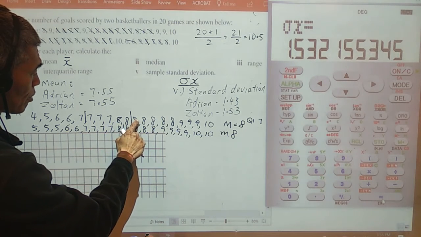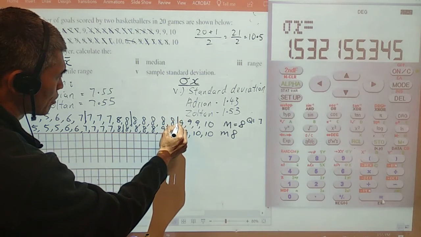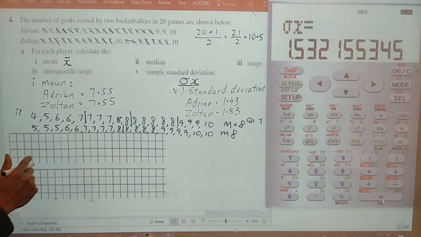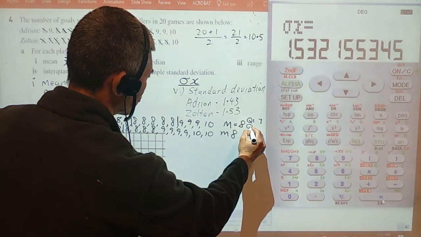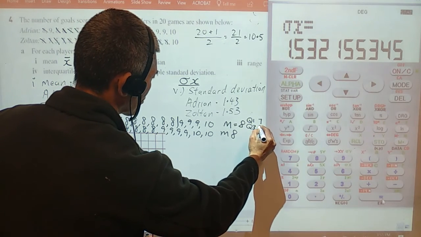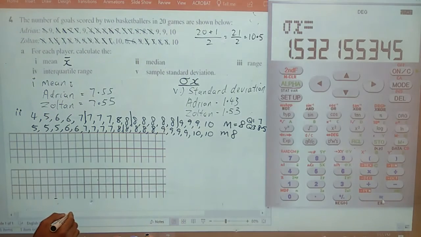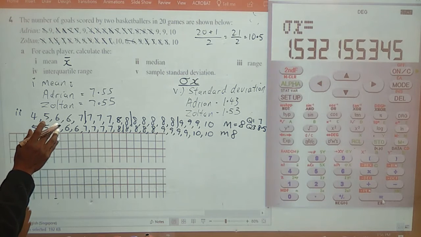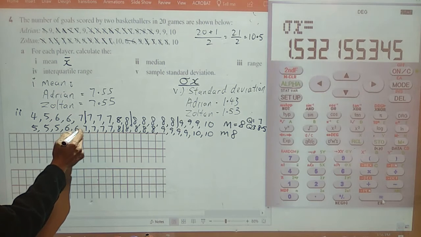So 1, 2, 3, 4, 5. Aha. Q3 is 8.5. Let's take a look at the quartiles for Zoltan. 1, 2, 3, 4, 5.